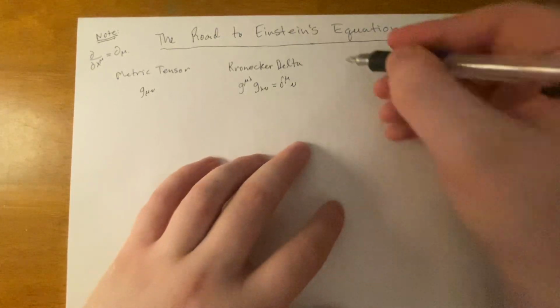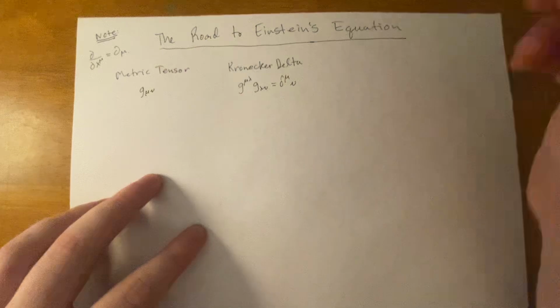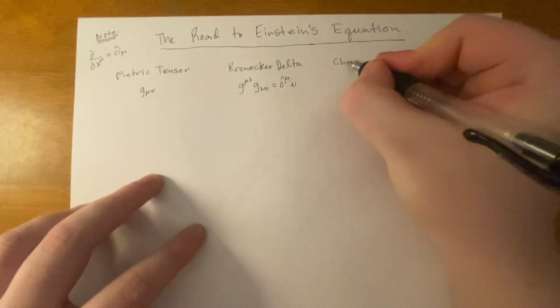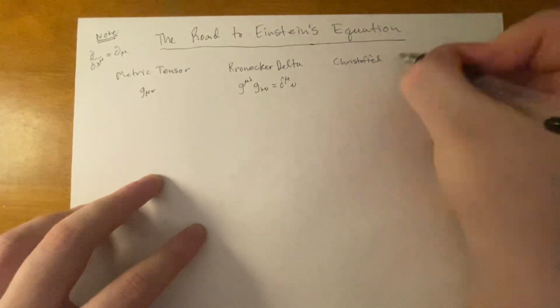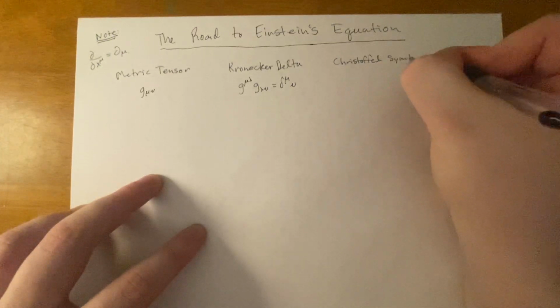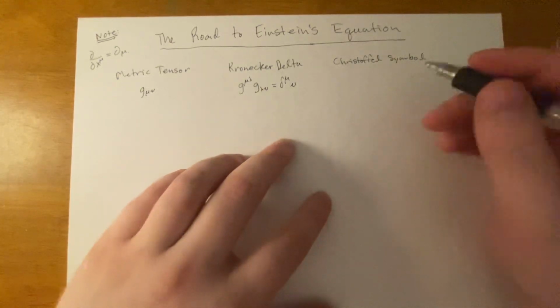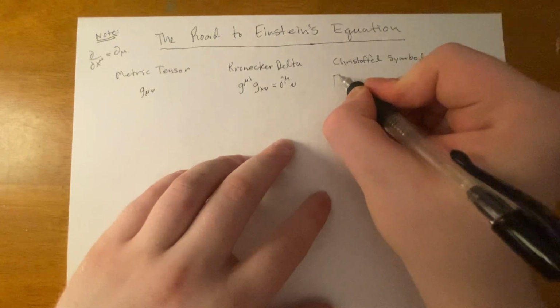So with that, we're going to define one last thing, which is the Christoffel symbol, or the connection, if you will, symbol. Now this looks like this. It's gamma.